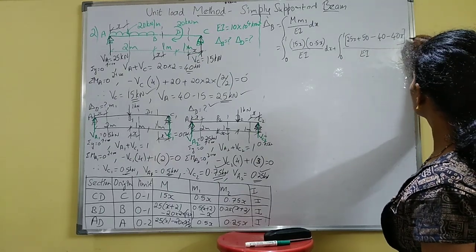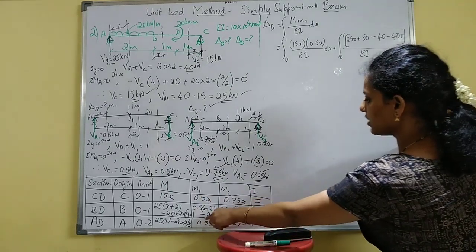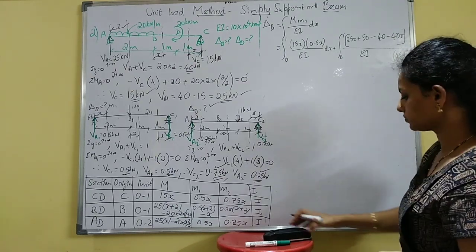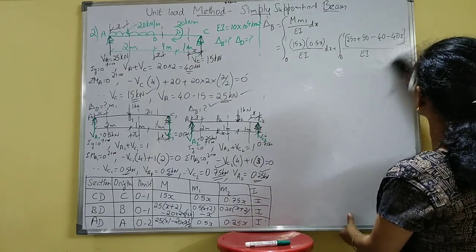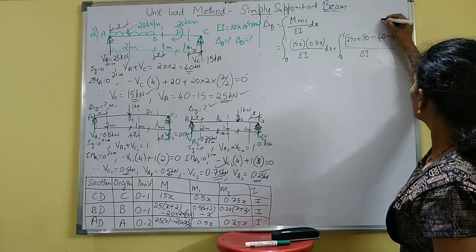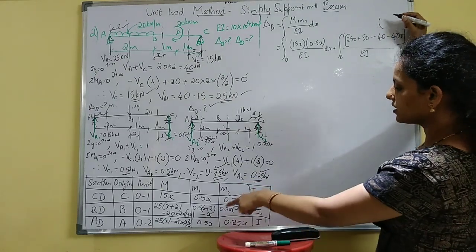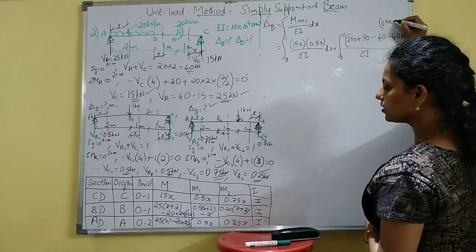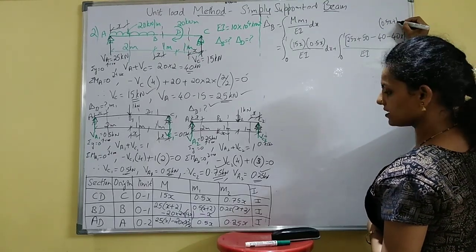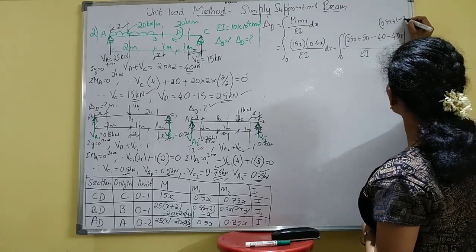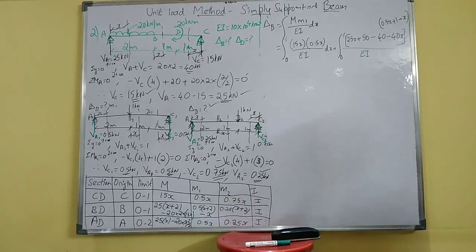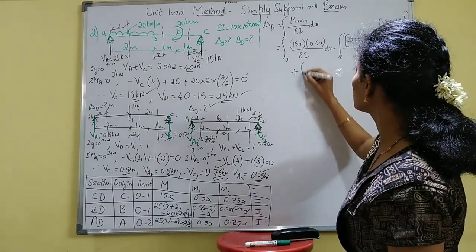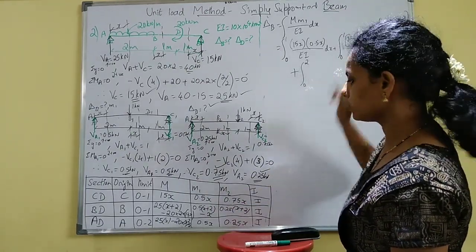divided by EI into here M1. I'll write here M1. So M1 is 0.5x plus 1 minus x. Okay. Next, third section AD. So its limit is 0 to 2.